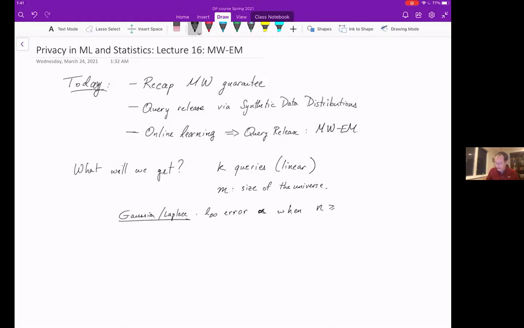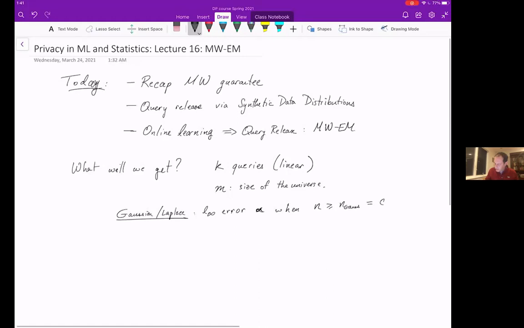How big did n have to be to get accuracy alpha? Well, we'll call this n sub Gaussian. We had some constant that depended on epsilon and delta, which was about square root of log 1 over delta over epsilon, times square root of k log k all over alpha.